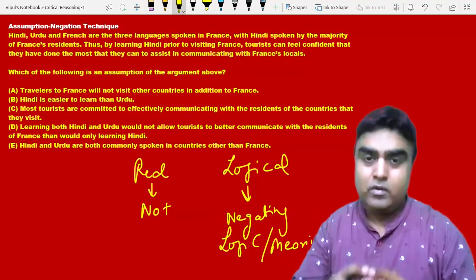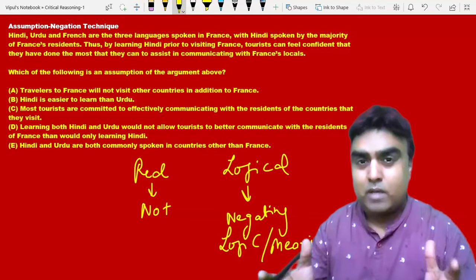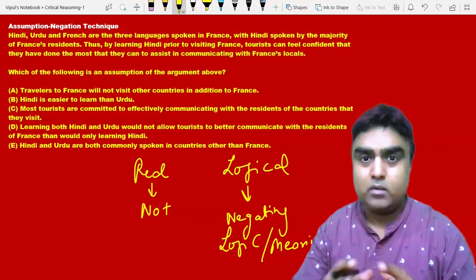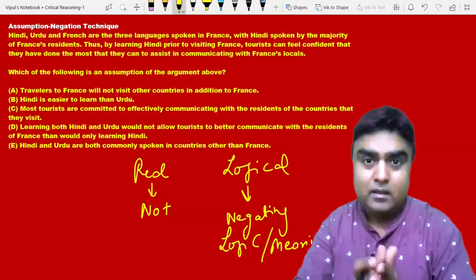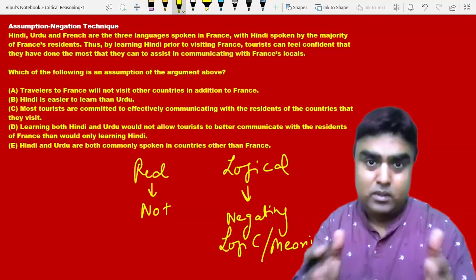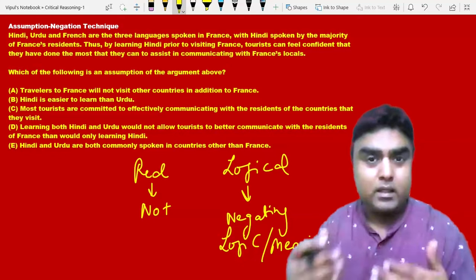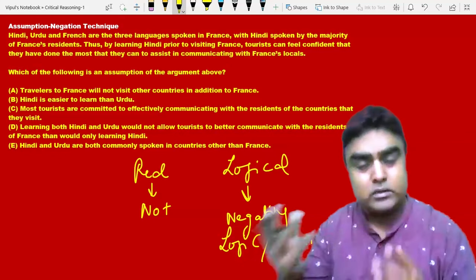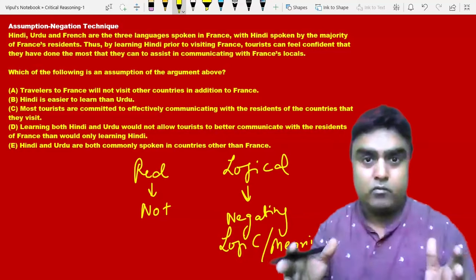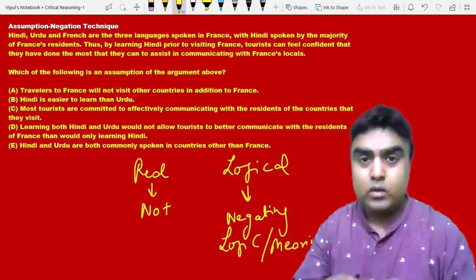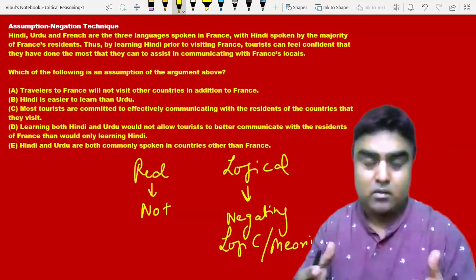From our sample size, more than around 6,000 people have given a test, and in the total item response theory, there are many other things which came out, which I'll take in the next class. But these were the topics where we found that more than 95% of people are marking it wrongly.